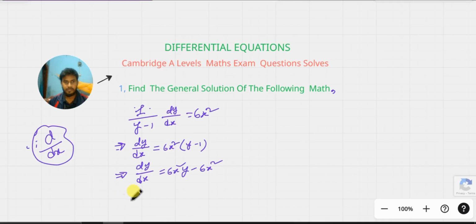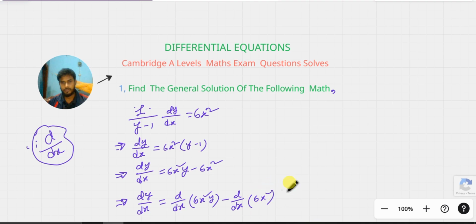Now we will apply the differential formula on this function. So we will get dy/dx equal to d/dx of 6x²y minus d/dx of 6x².